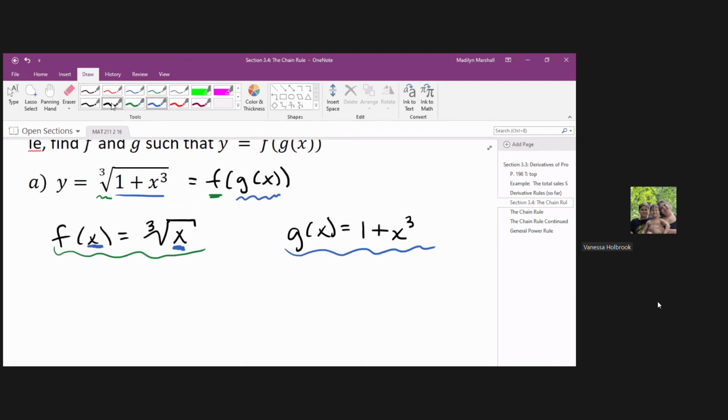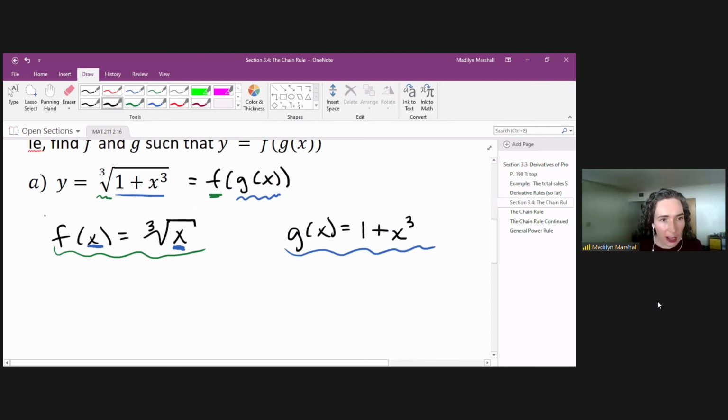Gotcha. Okay. We can always check this if we're doing this kind of problem, which you won't actually have on your homework, but we have to be able to see these layers.